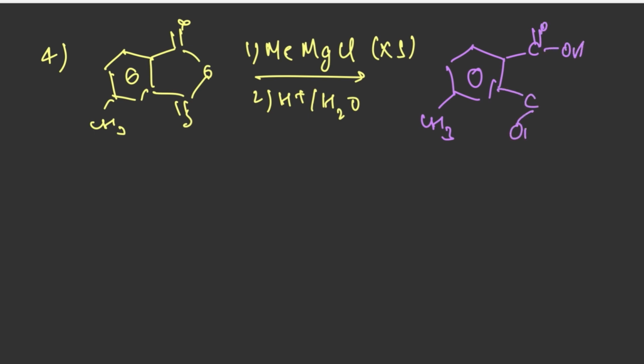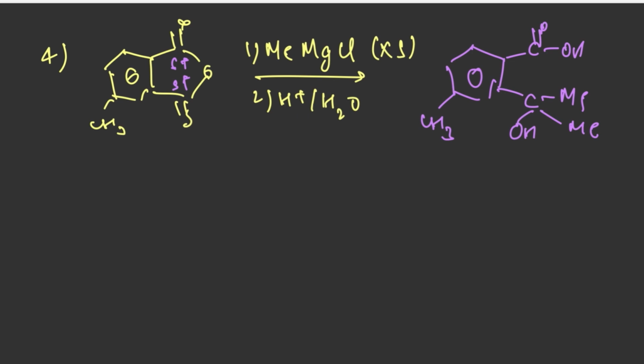It will attack on the opposite side because it will de-intensify the positive charge. Here we have delta positive, here we have delta positive. CH3 will show a plus I effect, plus H effect over the ortho position, which will de-intensify the positive charge on the ortho position and intensify the positive charge on the meta position, relatively. So that will be the product.